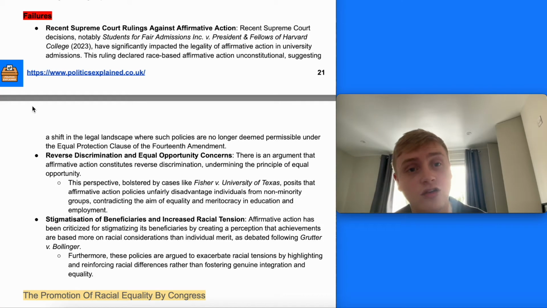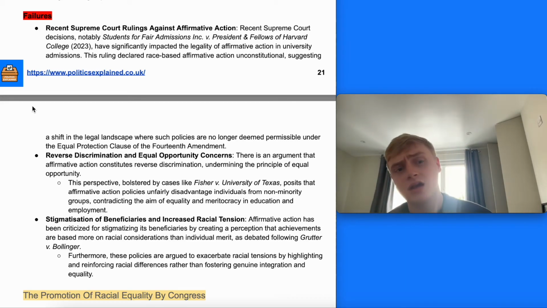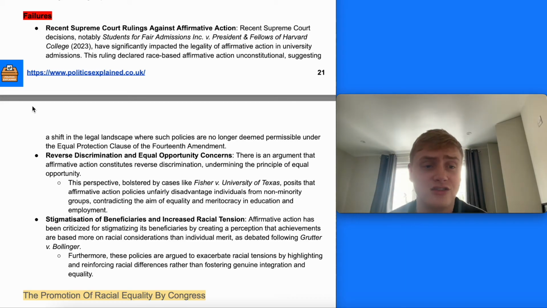That's because Students for Fair Admissions effectively struck down administrative affirmative action and overturned previous judicial precedent to argue that it was unconstitutional. It can also be argued that affirmative action promotes reverse discrimination and creates concerns about merit-based selection and equal opportunity, whilst it also stigmatises beneficiaries and increases racial tension. Again, we looked at these in a lot more detail in the previous video on affirmative action.